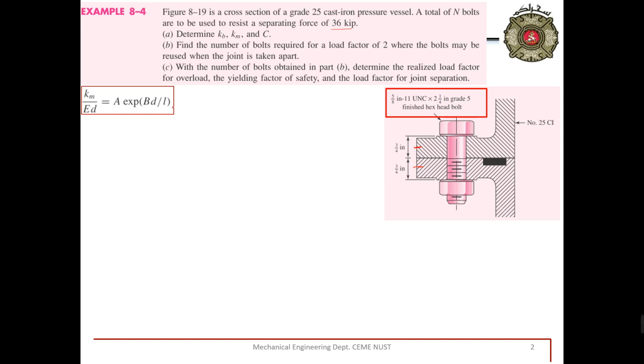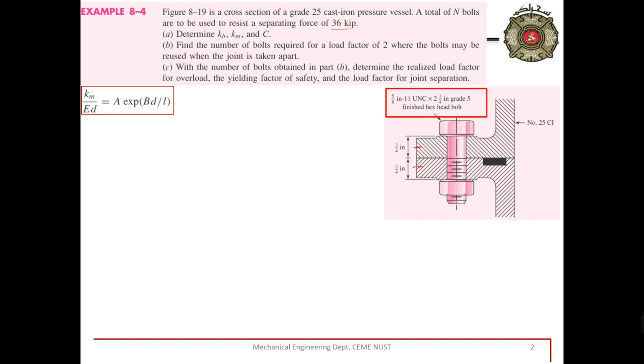This expression is a simple form of the equation for calculating the stiffness of part 1 and part 2. But when both of the parts are made of the same material, we can use this equation directly. For this equation, you can just turn your page for the table. Let me check the number of the table. It is table 8-8.